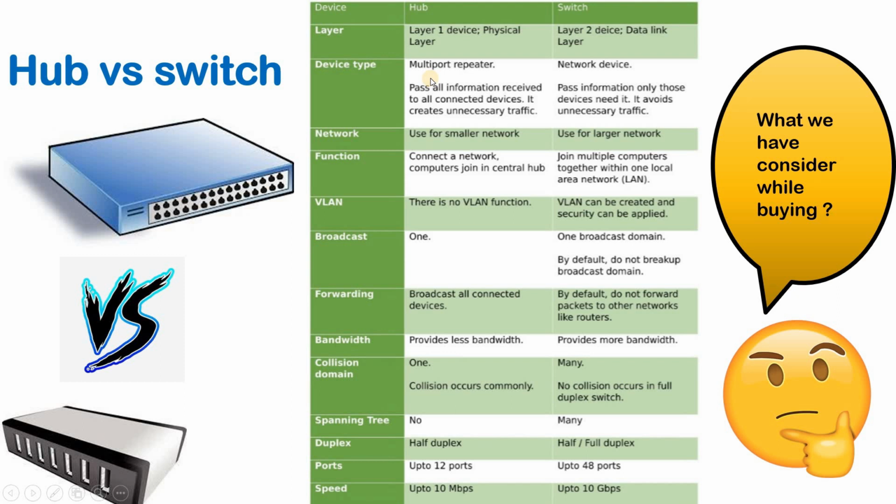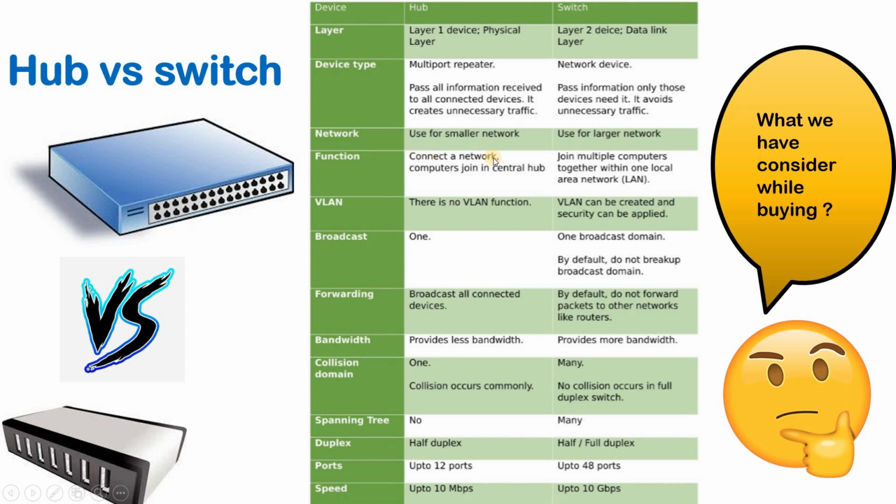A hub is a multi-port repeater, but a switch passes information only to the devices needing it. But the hub passes all information received to all connected devices, so it creates unnecessary traffic. But the switch avoids the unnecessary traffic. And in networking, the hub is used for a smaller network. When we are creating a larger network, we can move to the switch.